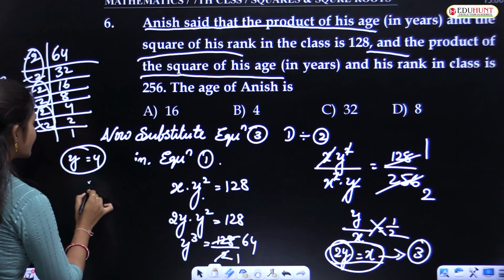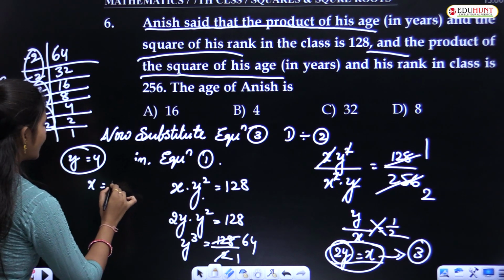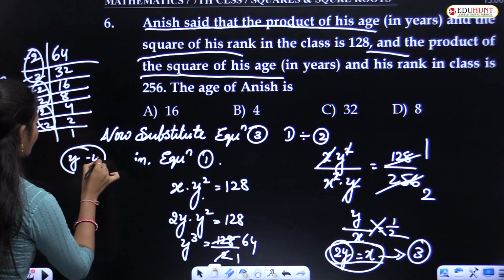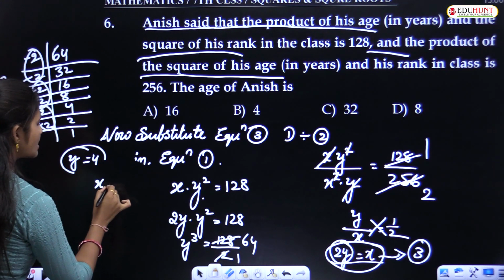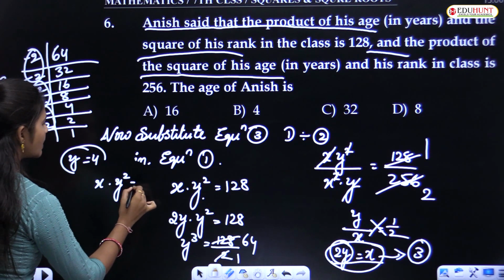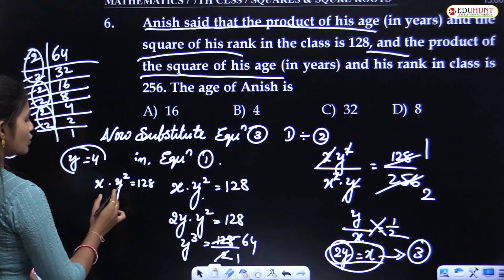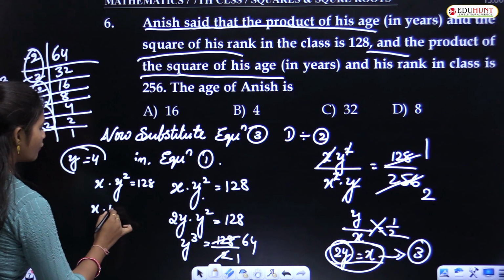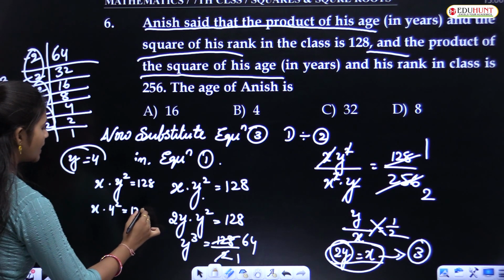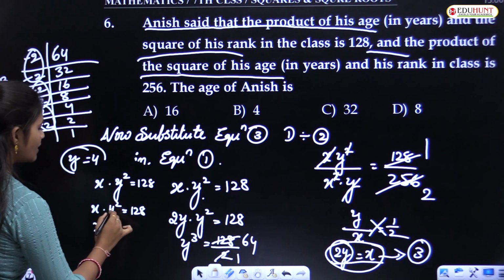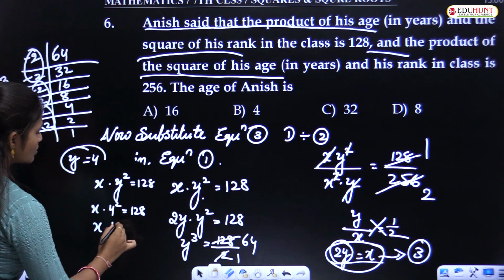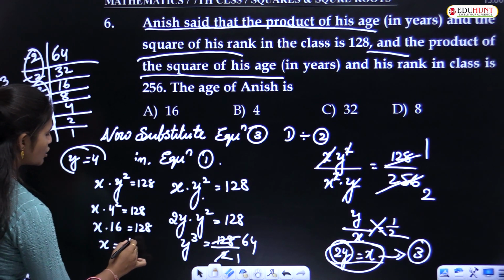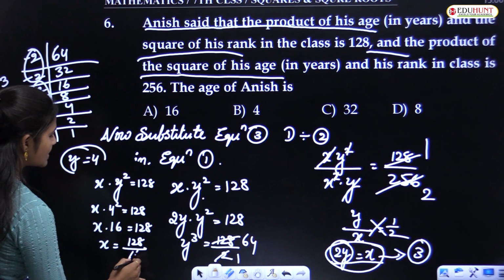Now substitute in that x into y square is equal to 128. So x into 4 square, 4 square is 16, is equal to 128. So x is equal to 128 by 16.